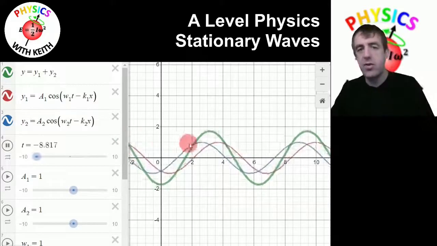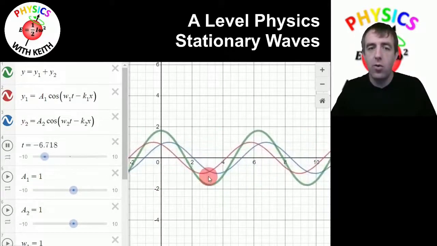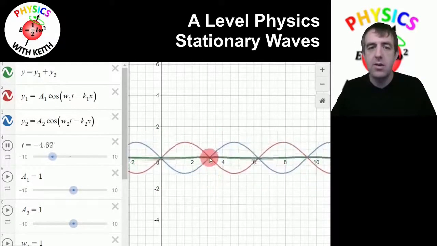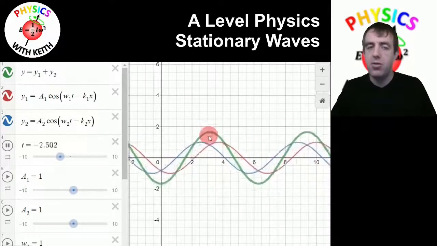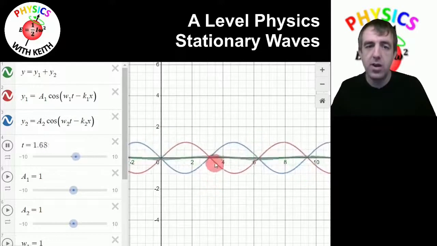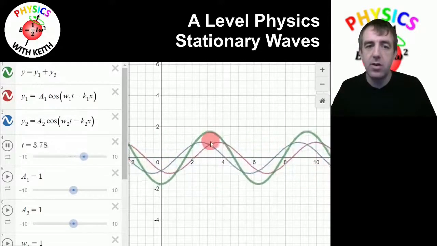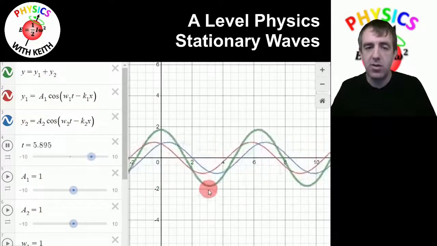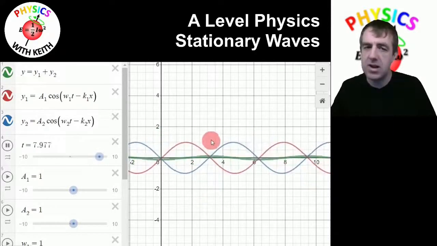You'll also notice there are points where the waves always seem to agree, where the amplitude of this green wave is the amplitude of the red wave plus the amplitude of the blue wave. And the displacement, of course, is changing, but the amplitude is the maximum displacement.